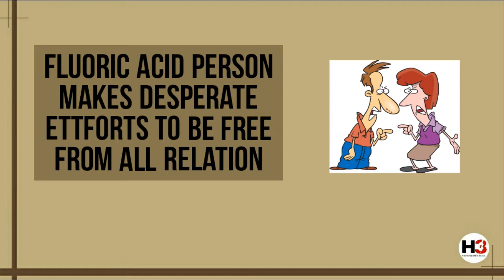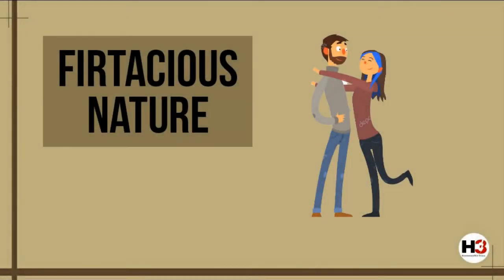Relationships seem to be a burden on him, and they cause strong hindrance to his freedom. Other aspects of a fluoric acid person's mind are his flirtatious nature. A fluoric acid person is very lascivious and has very high sexual desire, and in order to satisfy this, he has to be very flirtatious in nature to attract people.